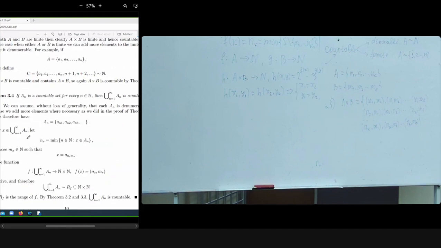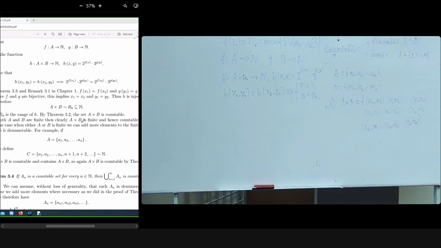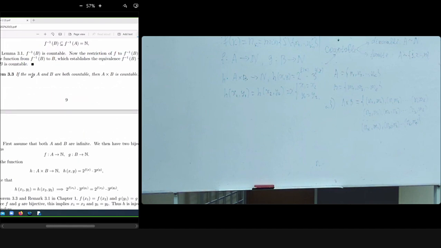This one, I think you can learn yourself, because if each set is countable, then even though this union is an infinite union, it is still countable. This theorem says that if sets are countable, then the Cartesian product is also countable.